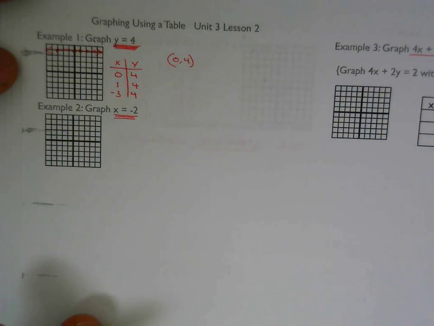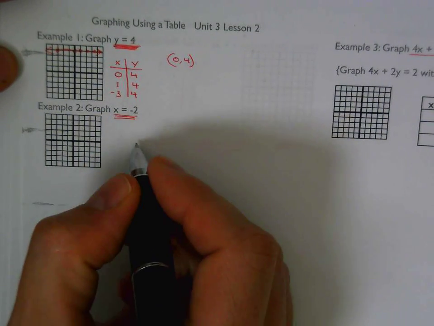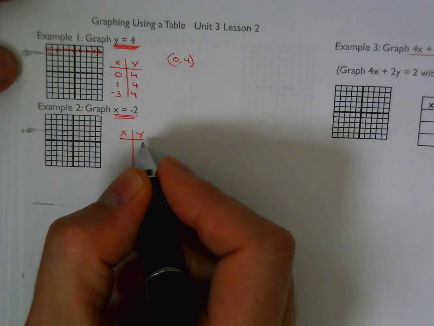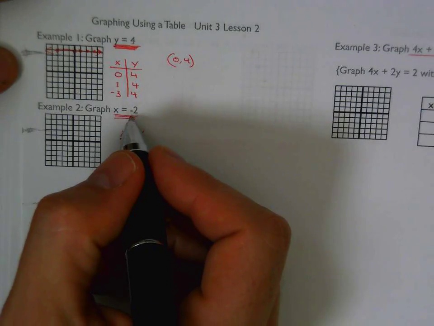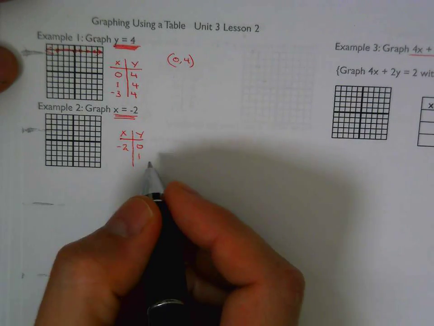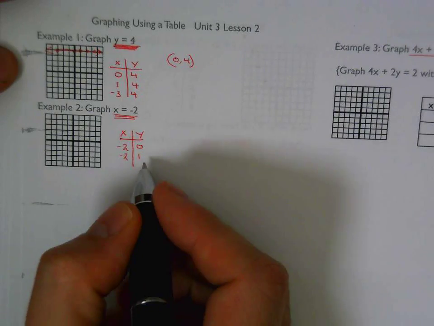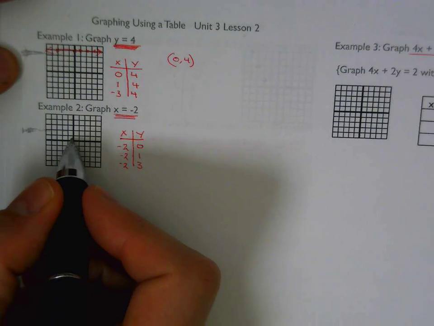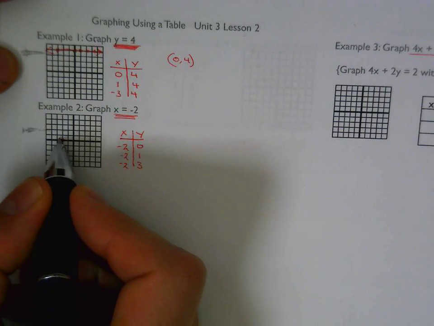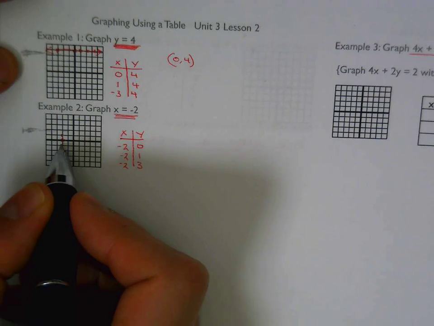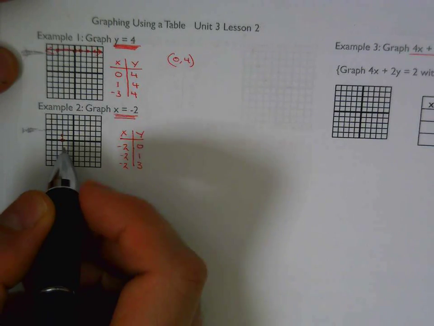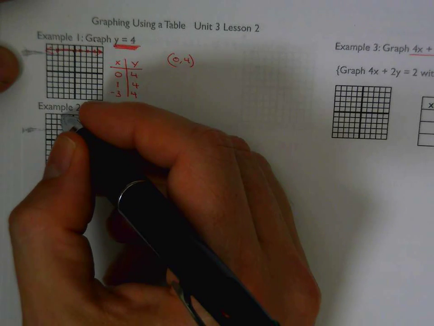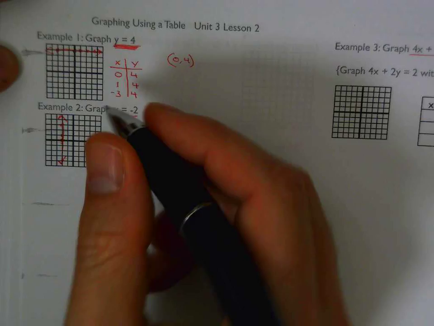Now, when you see x equals something, in this case x equals negative 2, you do the reverse thing. Say y equals 0, what does x equal? Negative 2. When y equals 1, what does x equal? Negative 2. When y equals 3, what does x equal? Negative 2. So I got (negative 2, 0), (negative 2, 1), (negative 2, 3). And when I put all of these dots together, what I wind up getting is a vertical line.